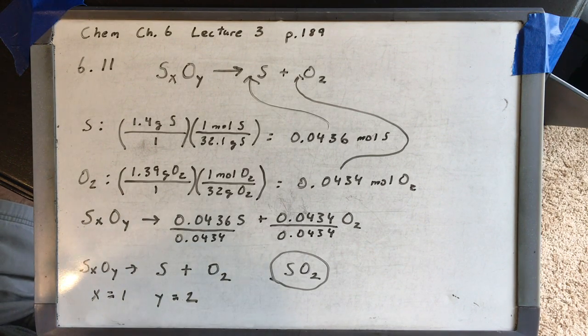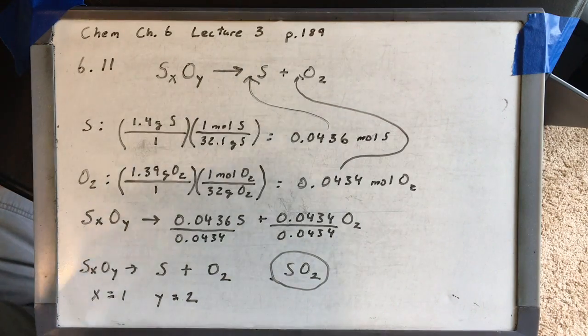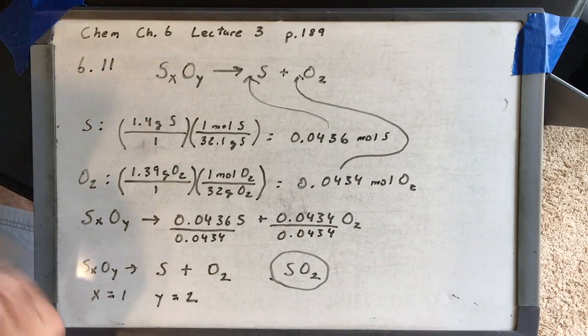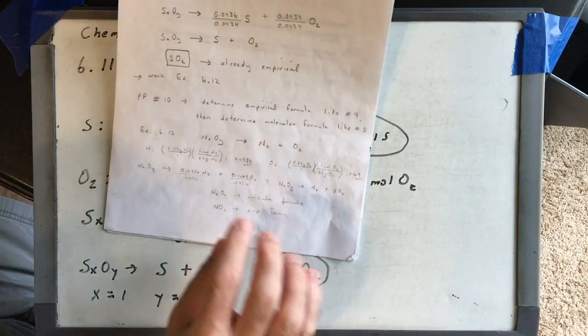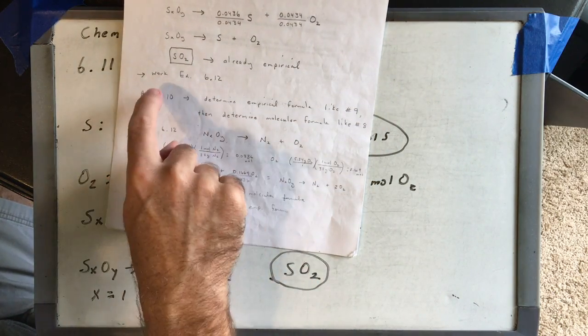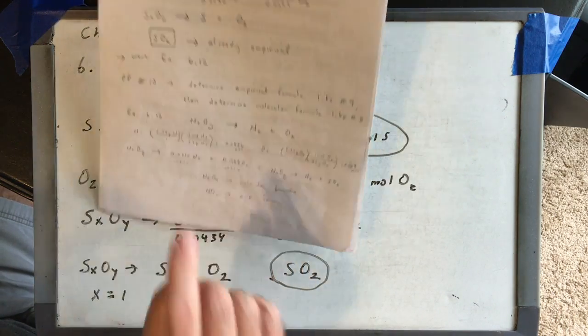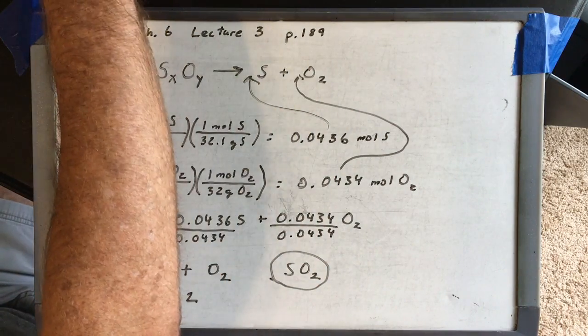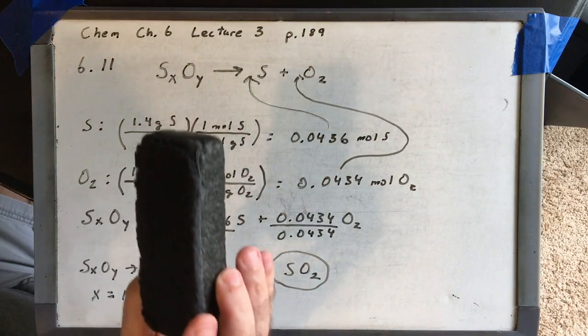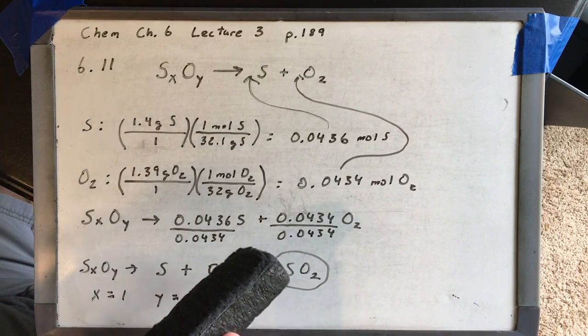All right, beneath that particular problem, since it's a whole page, you should have enough room to work one more, okay? So I'm going to work from the book, example number 6.12.